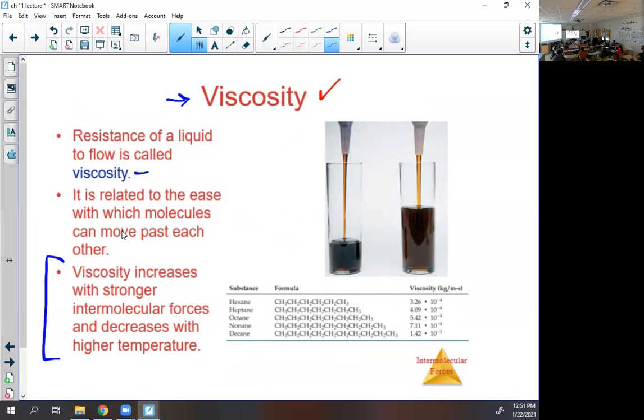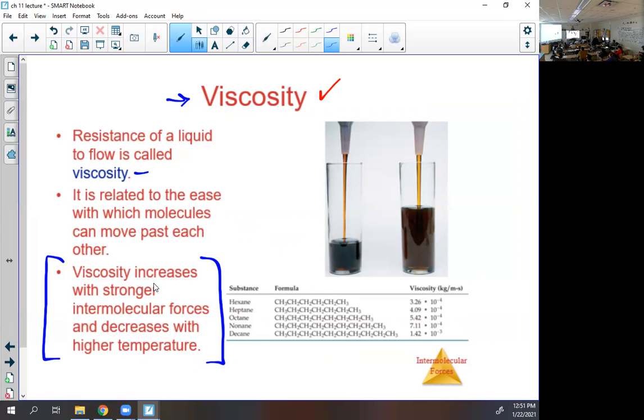It's related to the ease with which molecules can move past each other. Viscosity increases with stronger molecular force. So a high viscosity means it does not flow very well. So this would be like cold molasses. You tip that over, you come back in 6 months and it's finally drained out.